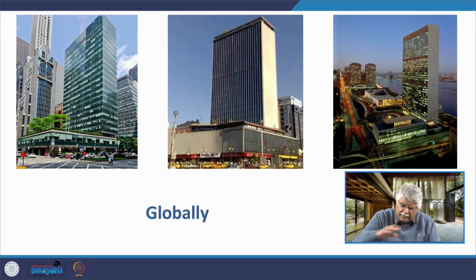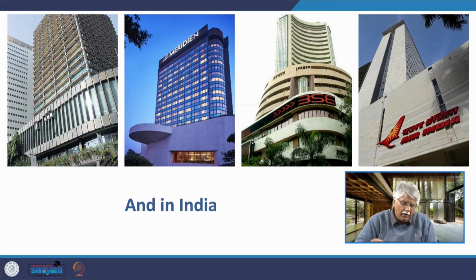And we find this happening globally, like I just mentioned. I showed you this image earlier, and even in India, there are these buildings, the Air India building, the Indian Express building, the Hotel Meridian, or the Stock Exchange Board building in Mumbai. All of them have this slab block at one end, and the entire site is covered with a low height building.